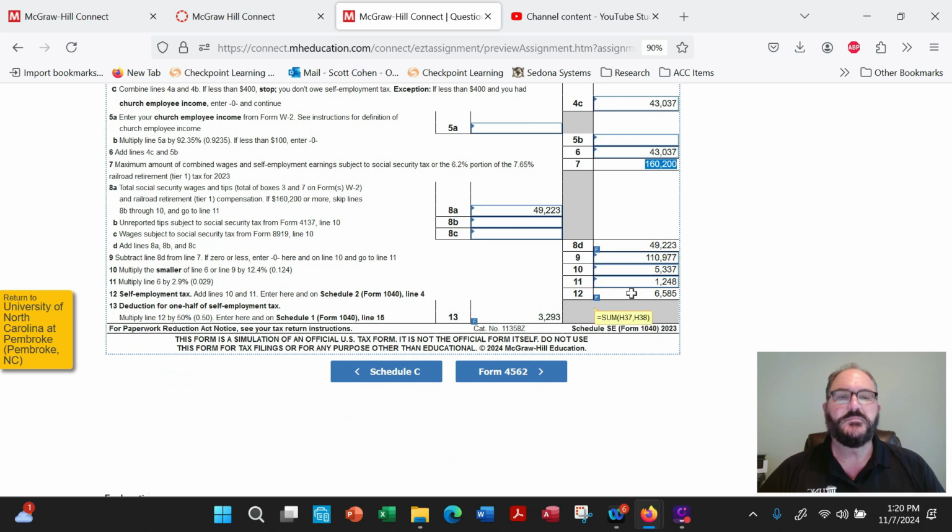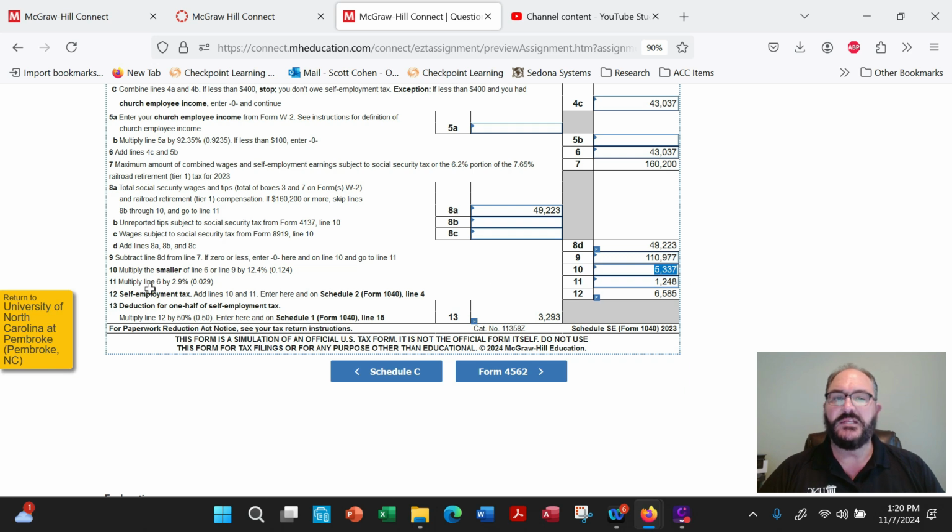It says subtract this $49,230.23. That was the money she earned from her job. That gives you this amount. So she's going to have to pay tax on all of that, right? Then it says enter the smaller of line 6 or line 9, and multiply it by 12.4%. That's where you get that.